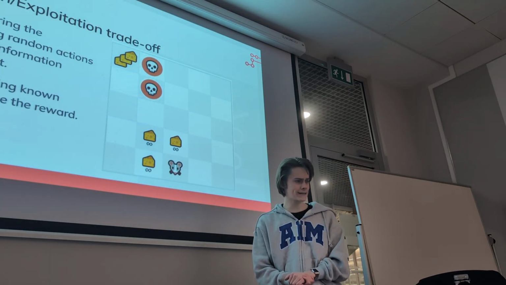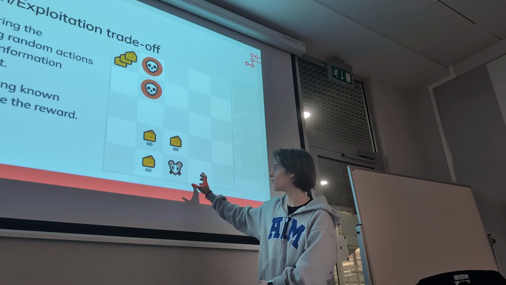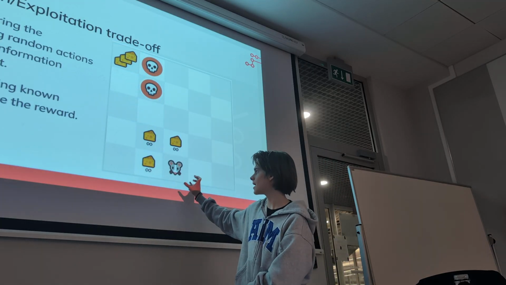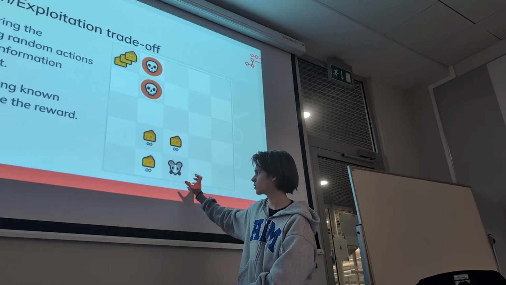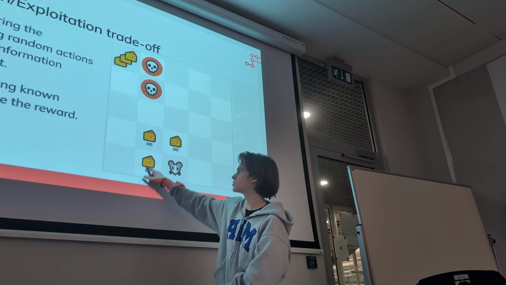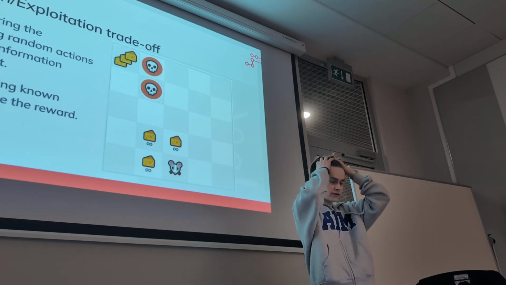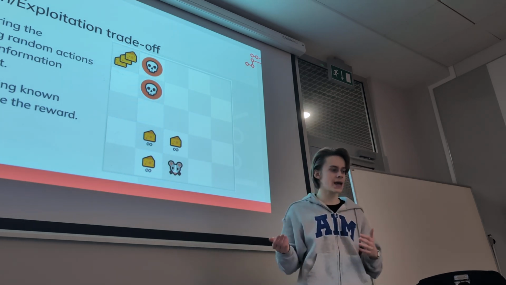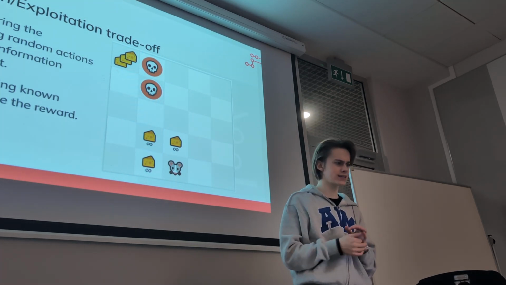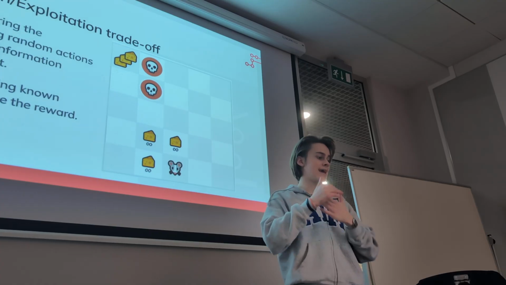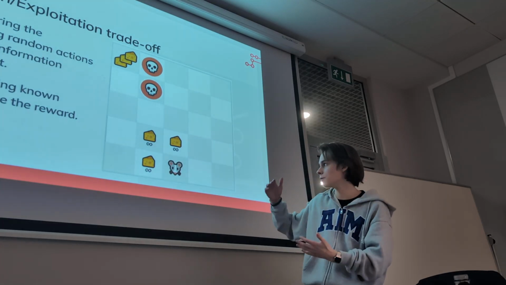And if a mouse found some good way of, for example, taking these 3 cheeses very easily without a risk, it's basically doing the exploitation. It just makes the same movements.